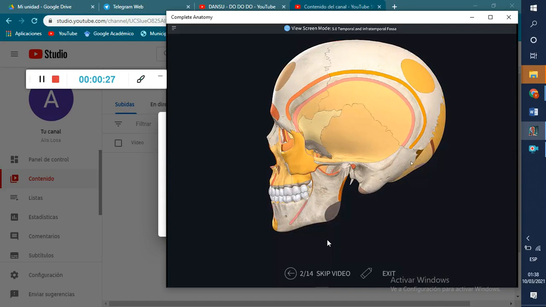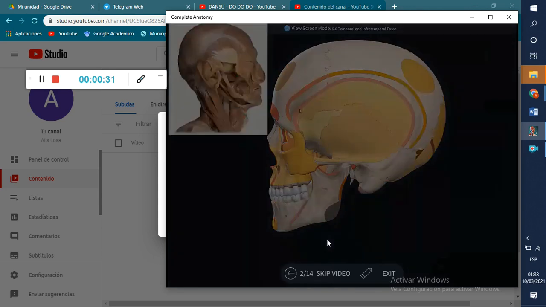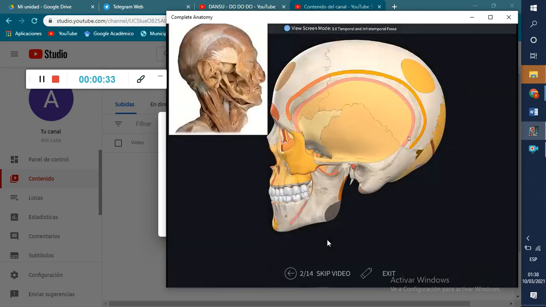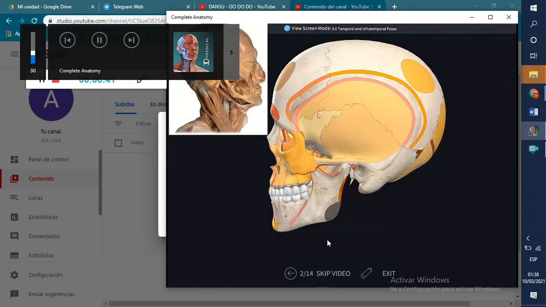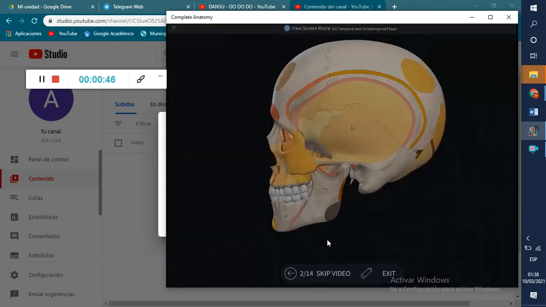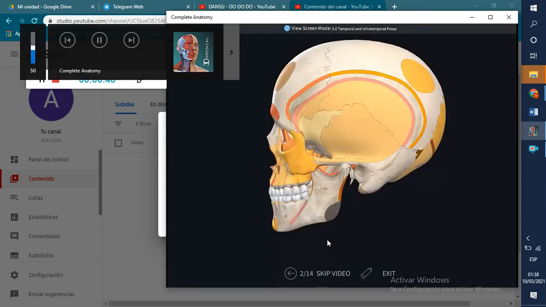One of them is called the superior, which serves as an attachment site for the temporal fascia, for the muscle of the same name, and the inferior temporal line for muscle as well. Okay, we can also see that there are several bones that contribute to the formation of the temporal region.